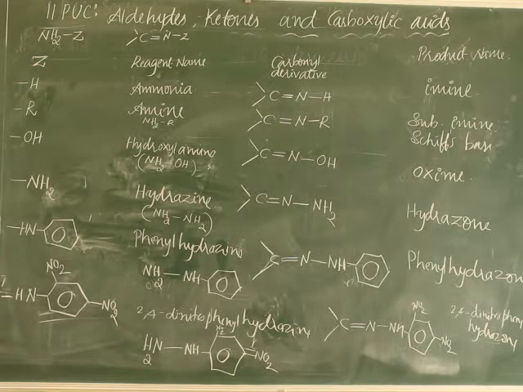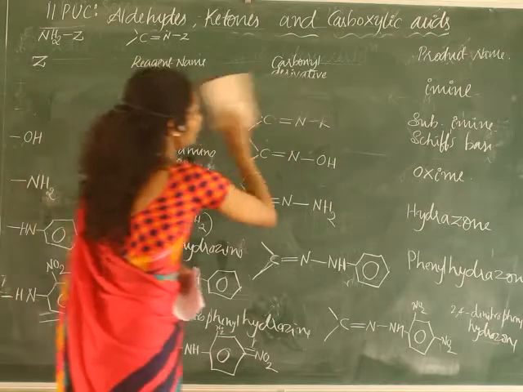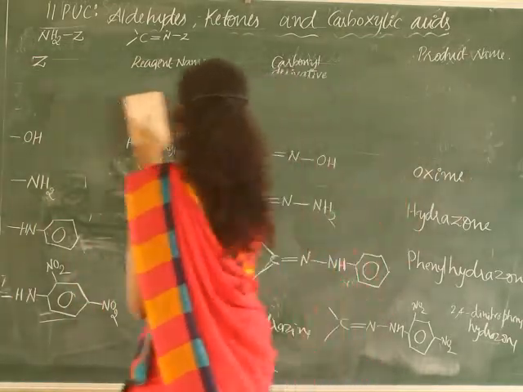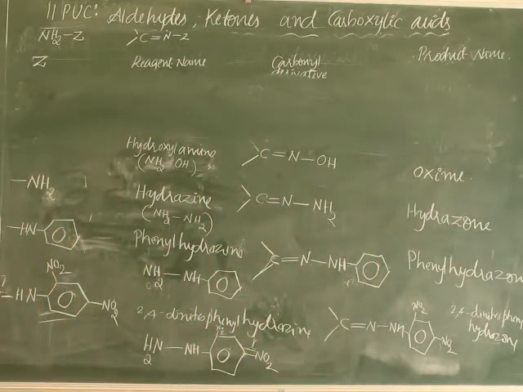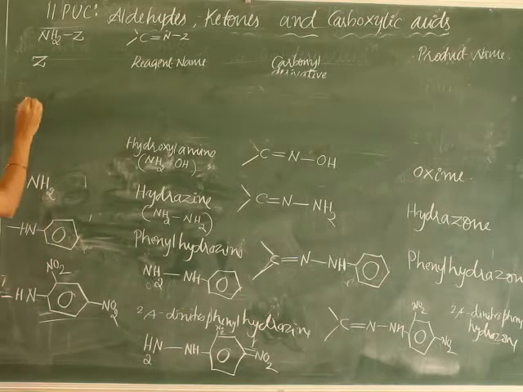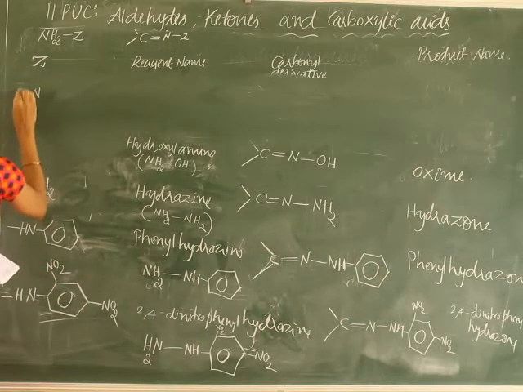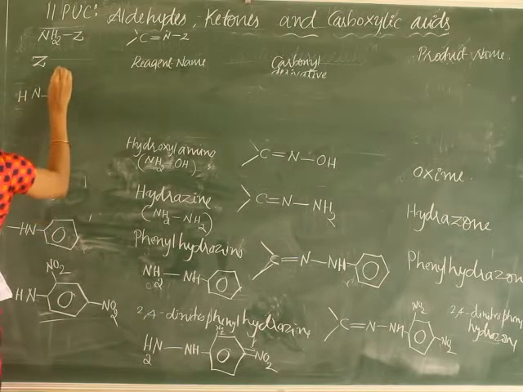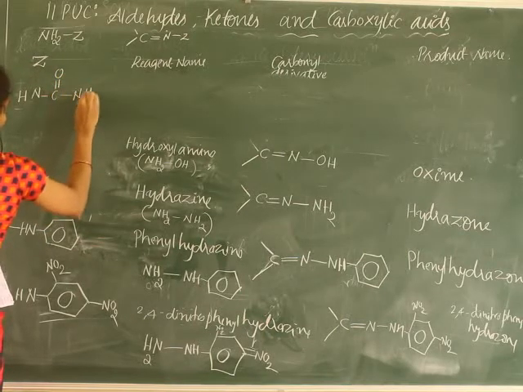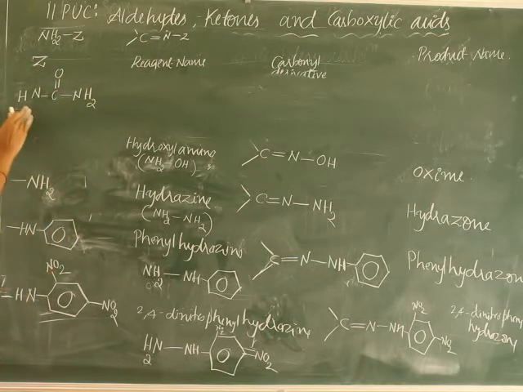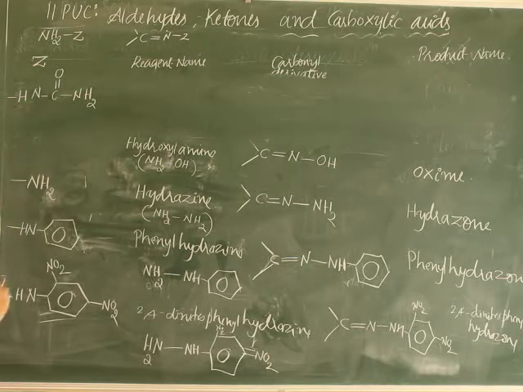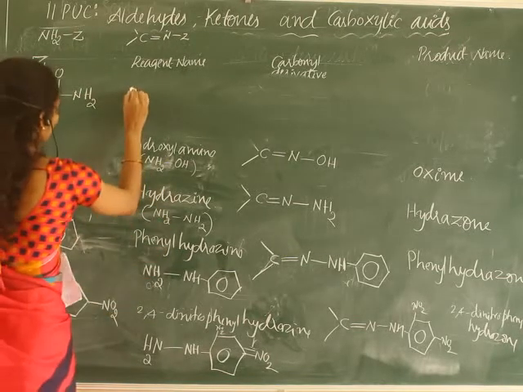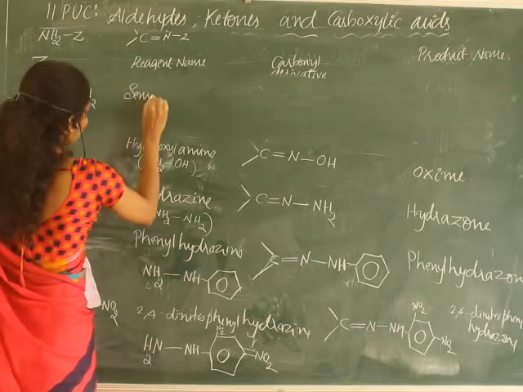Last one is if Z is NH C double bond O NH2, here the bond is there. It is called semicarbazide.